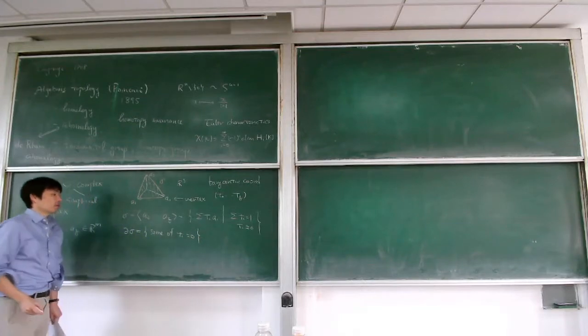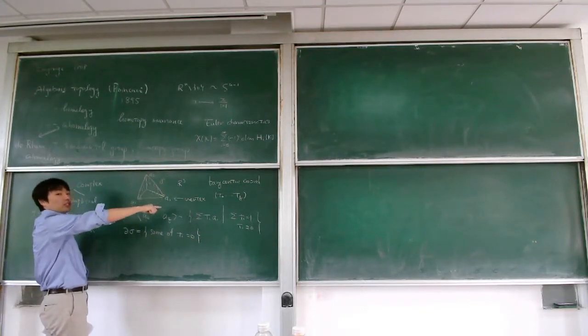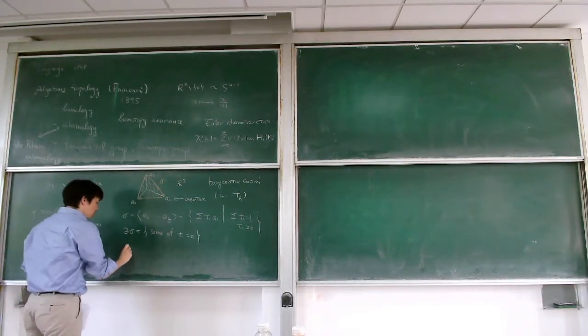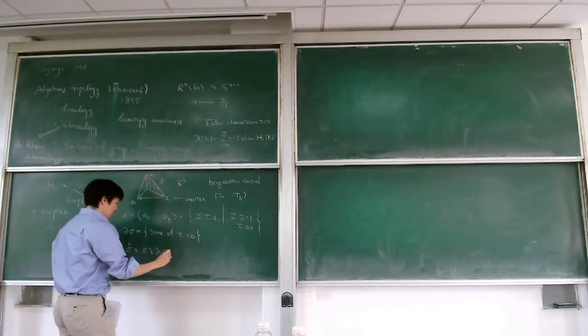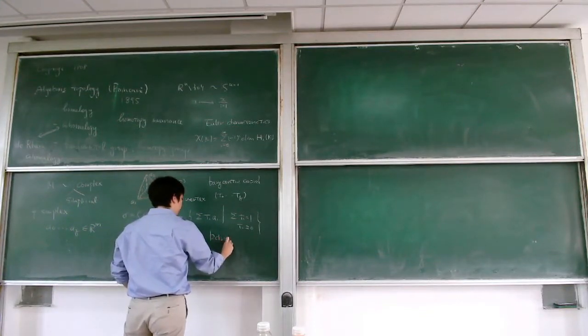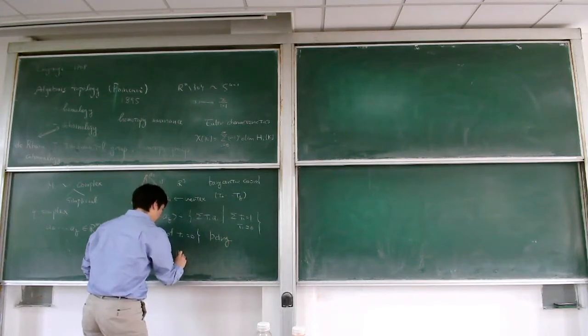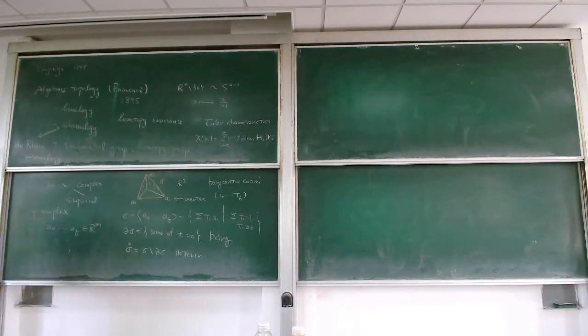If you set some t_i to 0, it becomes the boundary. It consists of the boundary, and the complement of the boundary is called the interior. So this is the boundary and the interior of the simplex.